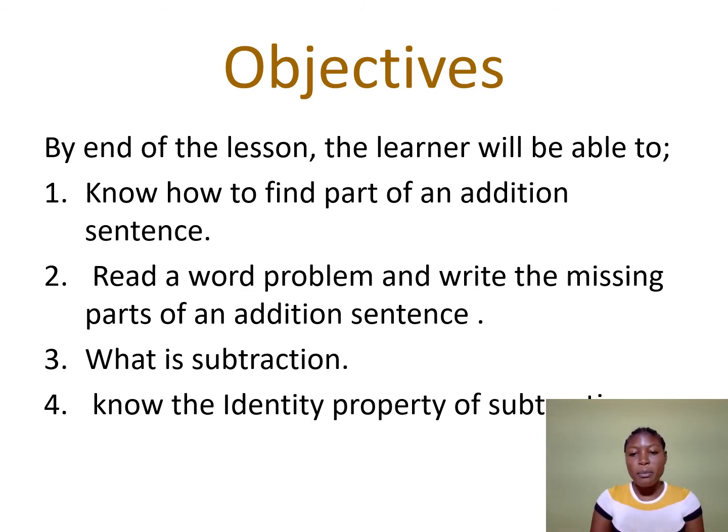Read a word problem and write the missing part of an addition sentence. 3. We're also going to look at subtraction. We are hoping that you get to know what subtraction is. Then we carry on to know the identity property of subtraction. Good. So I hope we are good to go on today's lesson.